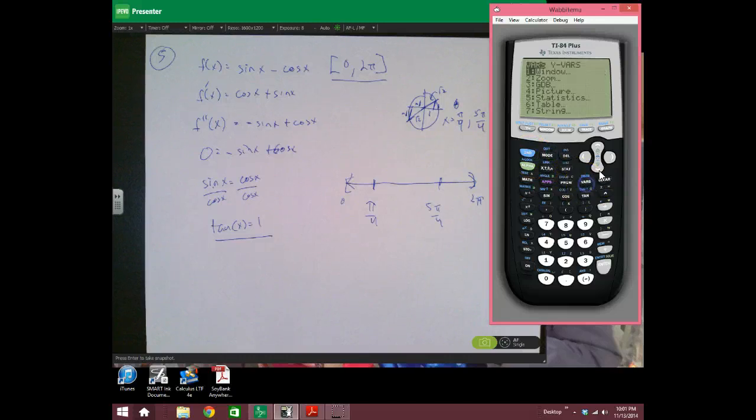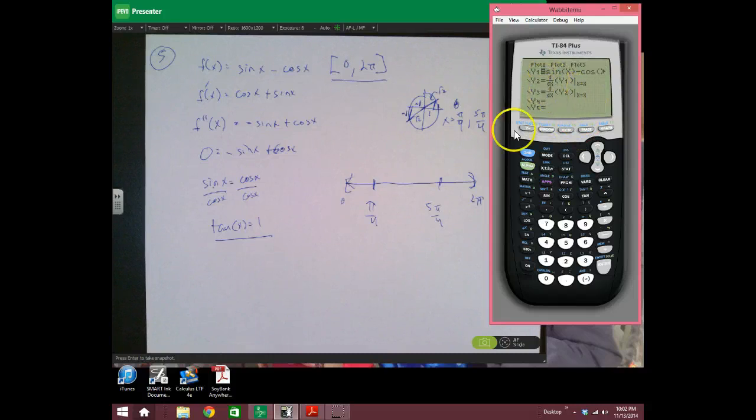And then do y1 of something between 0 and pi over 4. So like 0.1. Oh, sorry, I have to do it for the second derivative, don't I? Never mind. It wouldn't be y1, it would be y3. If I go back, remember I kept that third spot there as the second derivative.